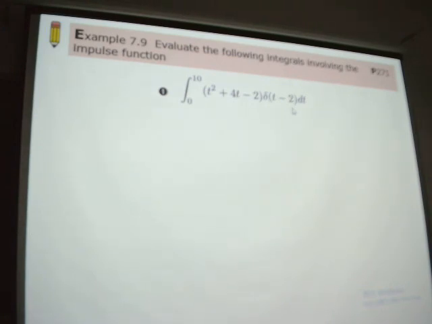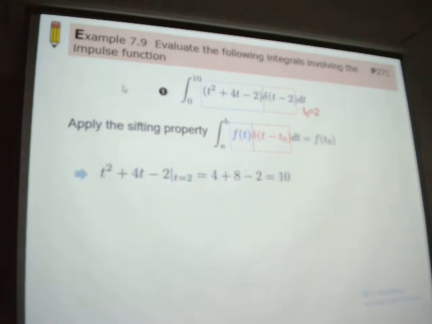So what is our t0? Comparing this function and this function, we can get t0 is equal to 2, right? So this one is f(2), because f(t0) with t0 equal to 2.